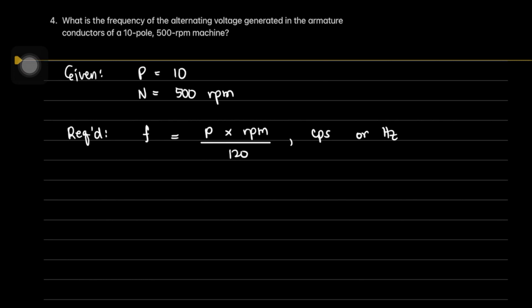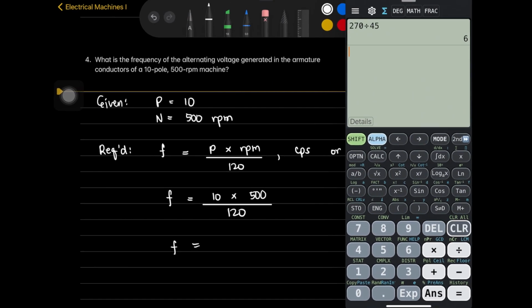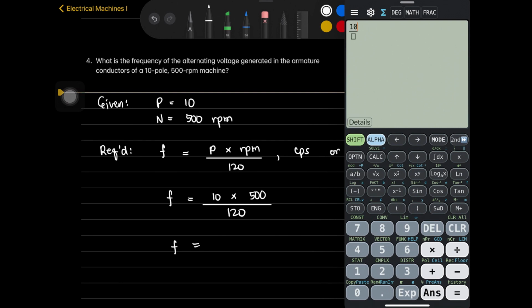So if we're going to apply the formula to solve the given problem, the frequency would now be equal to 10 multiplied by 500 all over 120. So the frequency is now equal to 10 times 500 divided by 120. So that would be 41.67 hertz.